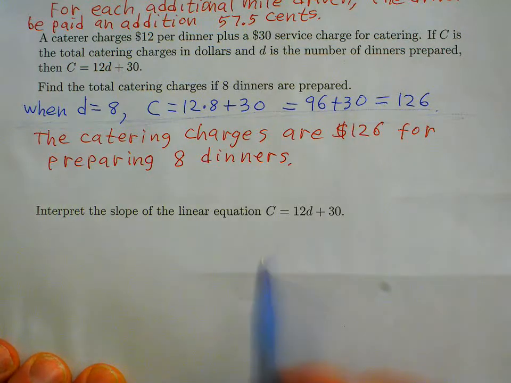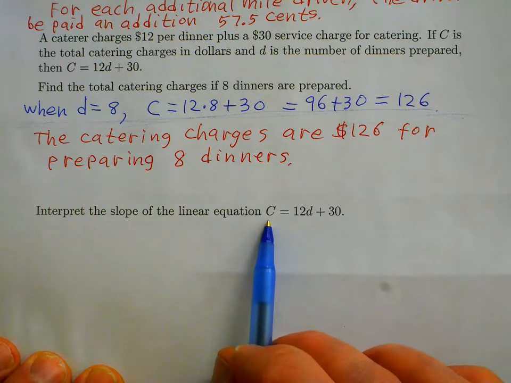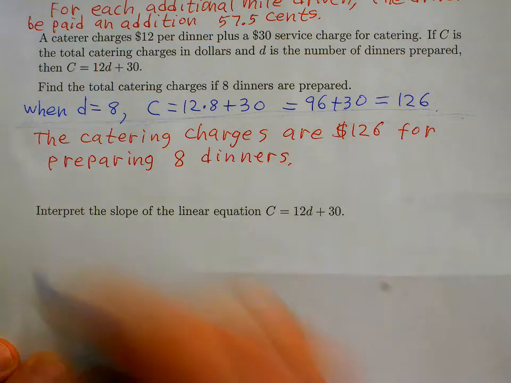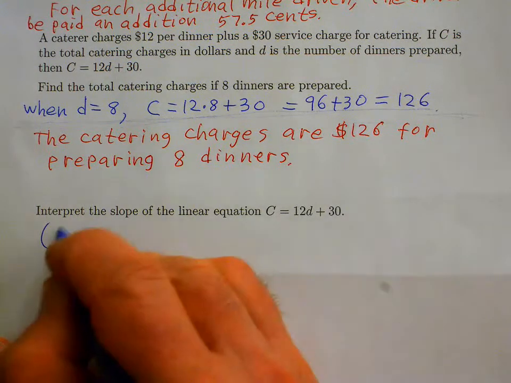If we were to write ordered pairs, you can always think back to y equals mx plus b. If we have y equals mx plus b, the ordered pairs have the form x comma y in parentheses. So the ordered pairs, instead of x, we're using d.